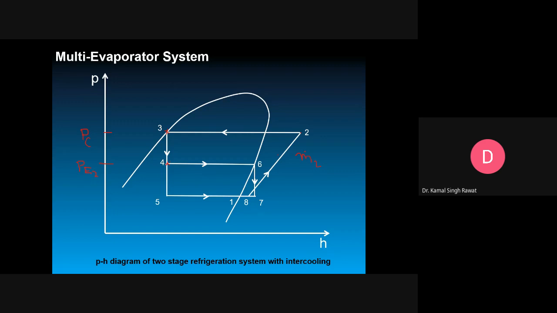Now this liquid plus vapor mixture enters the second evaporator, where it absorbs heat from the low temperature which we require in the second evaporator, and at the outlet of the second evaporator the refrigerant state is saturated vapor. Now this saturated vapor passes through the pressure relieving valve 6 to 7. There is an isenthalpic expansion, and at the end of this process we have superheated vapor at state 7.